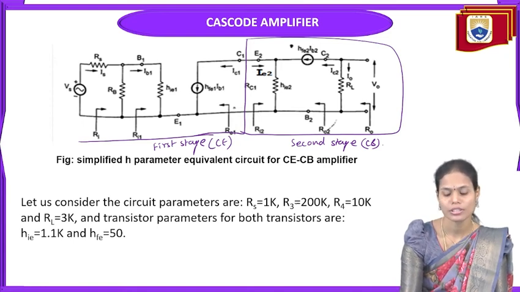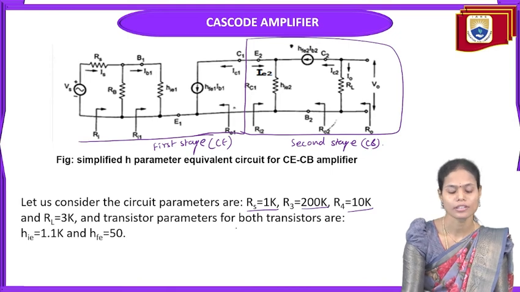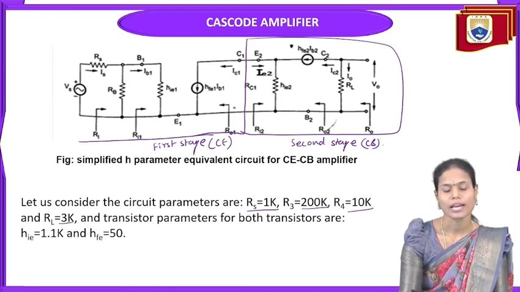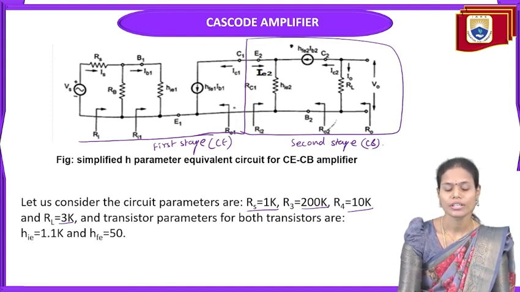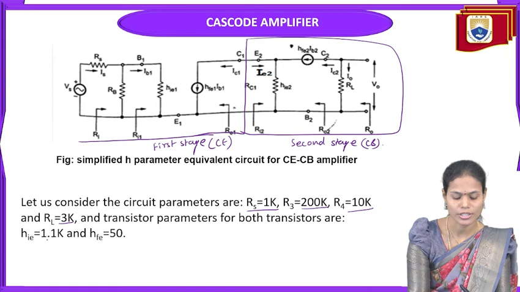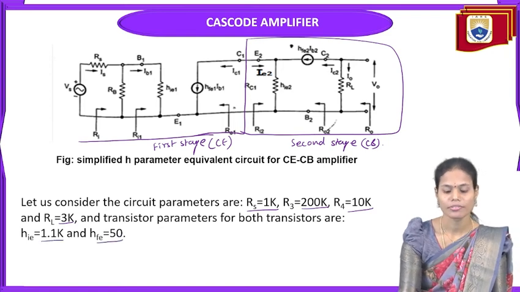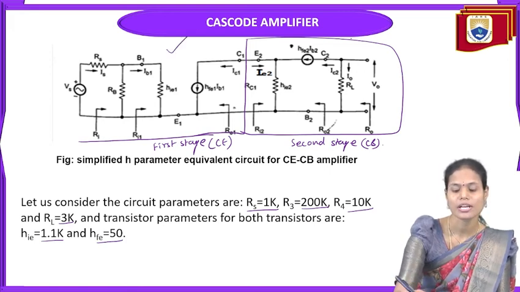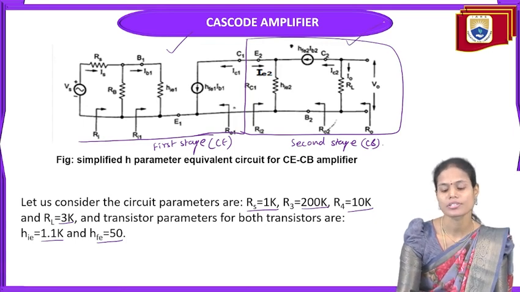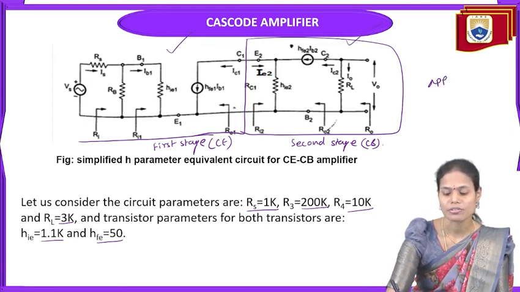In order to analyze this particular circuit, I am assuming some values for the resistors present in the circuit. RS I am taking as 1 kilo ohm, R3 resistance 200 kilo ohms, R4 resistance 10 kilo ohms, and the load resistance is 3 kilo ohms. And the transistor hybrid parameters for both configurations are the same here. That is hie is 1.1K and hfe is 50. Why do we mention only 2 h parameters among the 4? Because in both the first stage as well as the second stage we have considered the approximate analysis, not the exact analysis.